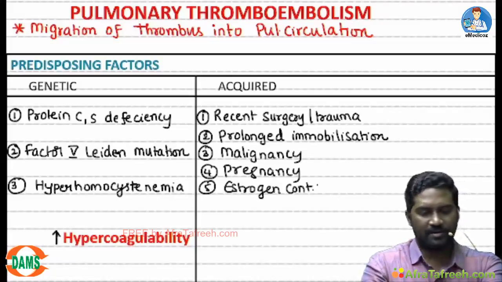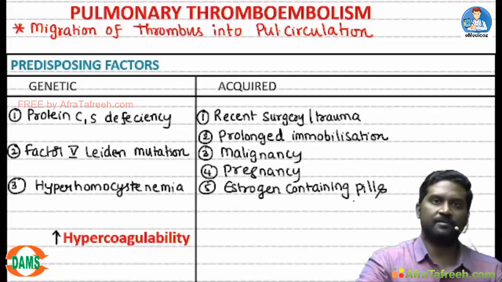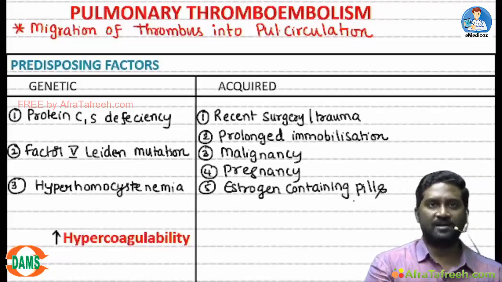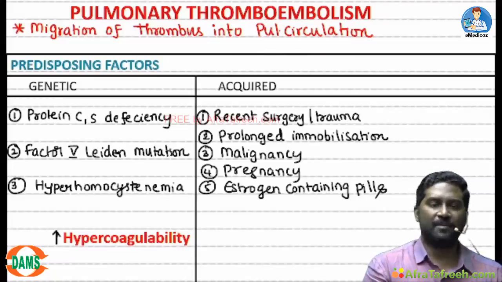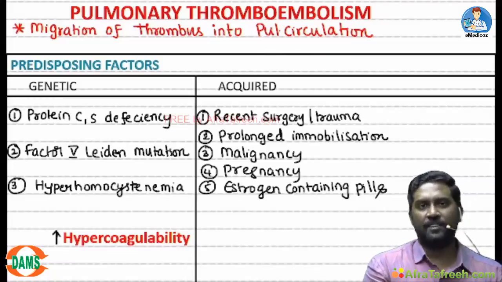How are estrogen containing pills predisposing for pulmonary thromboembolism? Because estrogen containing pills will cause a side effect called deep vein thrombus formation, and these deep vein thrombi can migrate into circulation. Then malignancy.